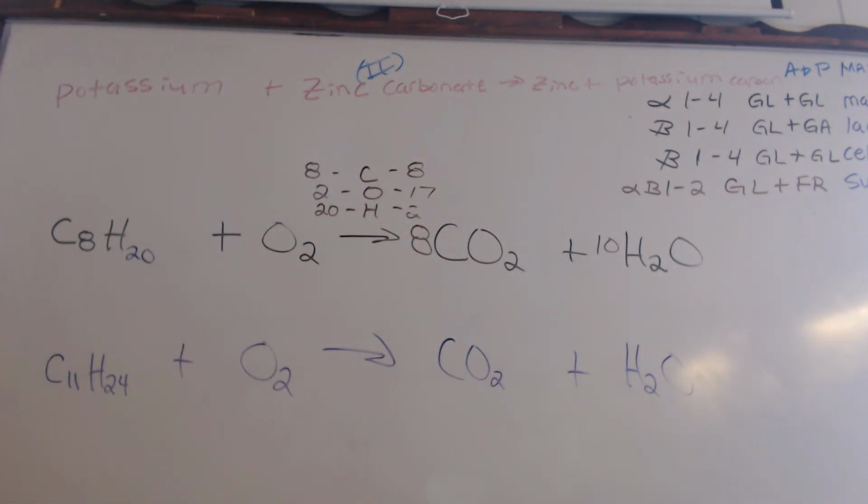Now you got 27? No, you don't. 16 and 10. Something's not right here. You have 26. This is why. 18, not 20. Okay? So we have to redo it.